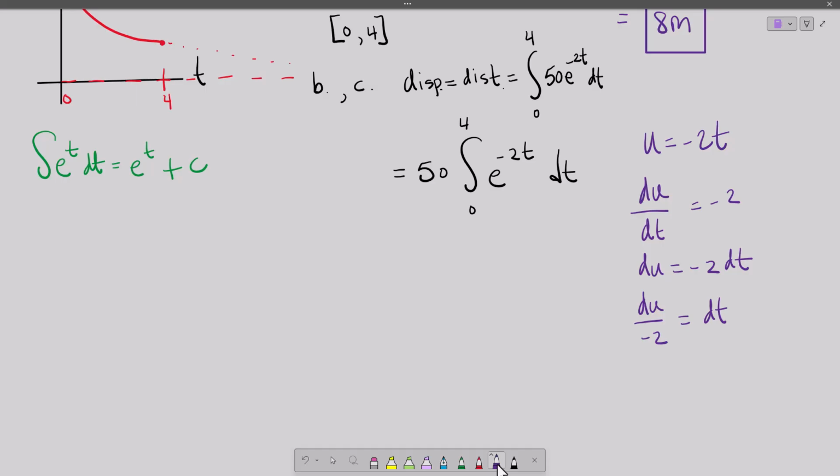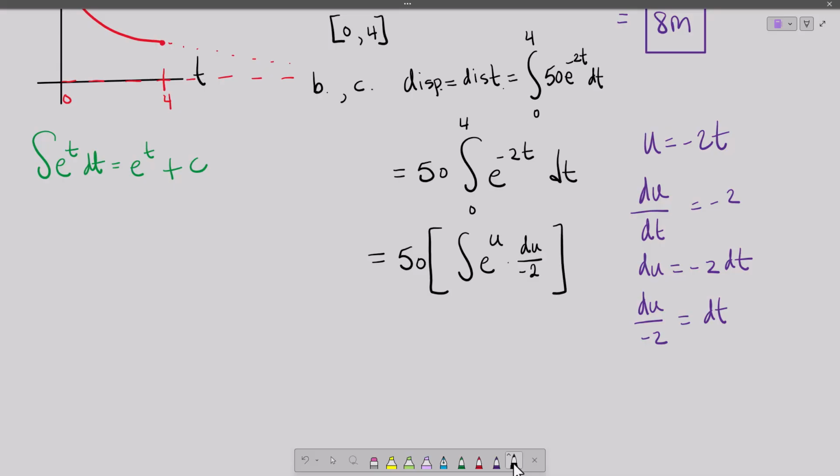So this becomes 50 multiplied by e to the u, integral first, e to the u, and then dt gets replaced with du divided by -2.